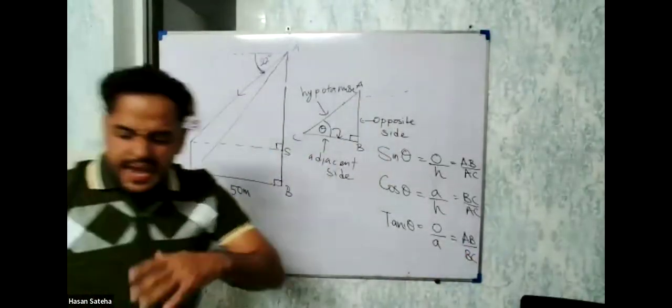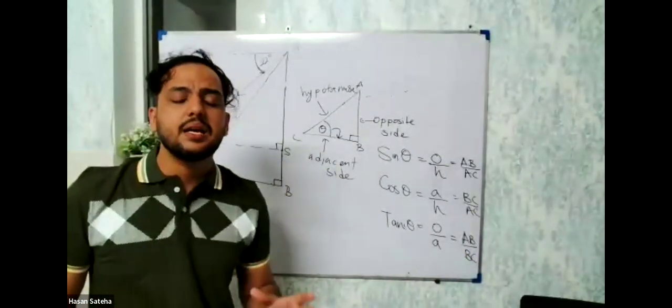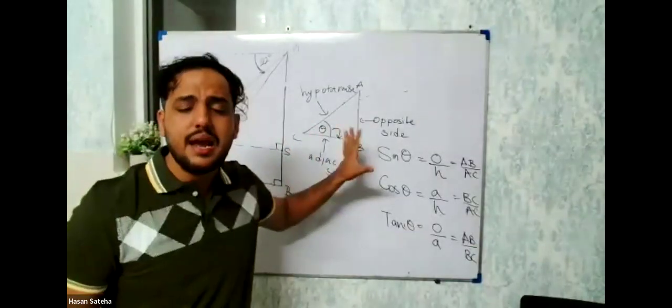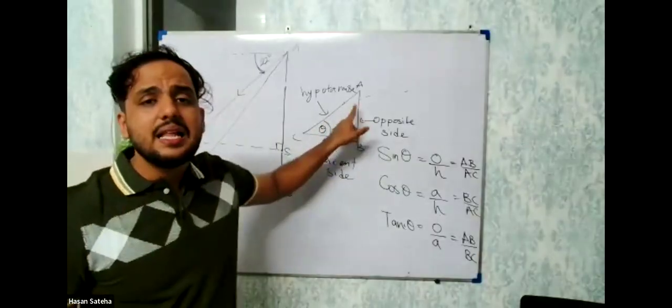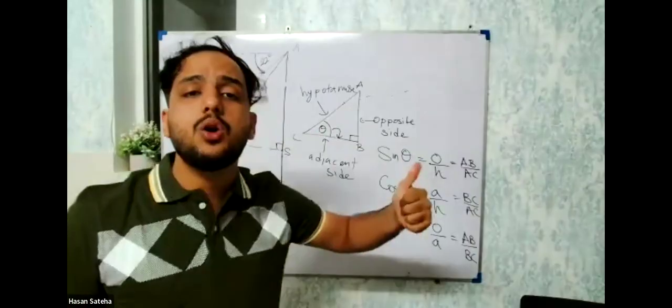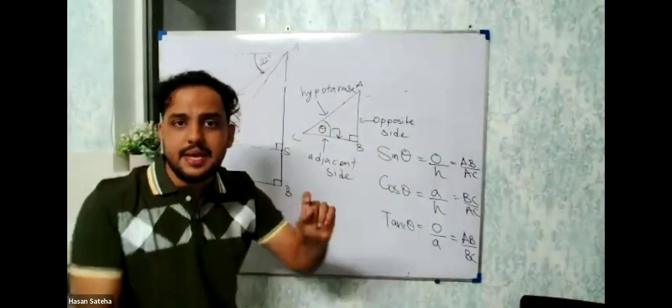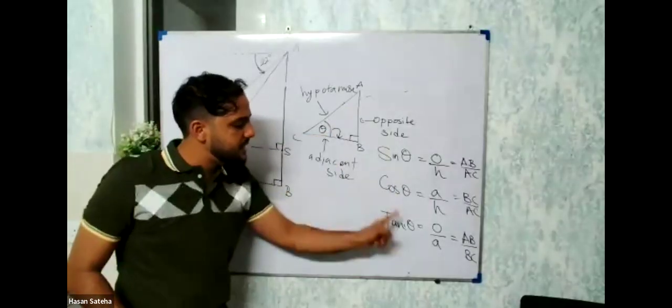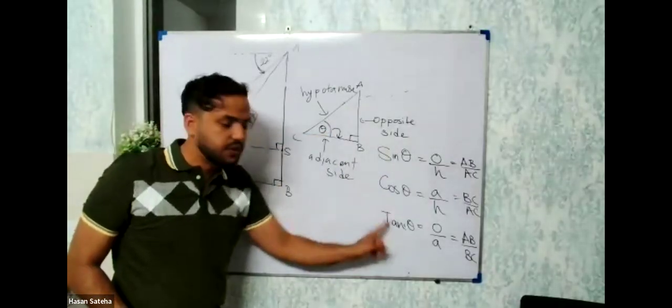Now, the basic thing you have to know regarding trigonometry is the three ratios. Whenever you have a right angle triangle, and any of the angles that you know here, according to the angle you have to figure out the sides. Let's say I'm applying the ratios for this angle here: sine of theta, cos of theta, tan of theta.